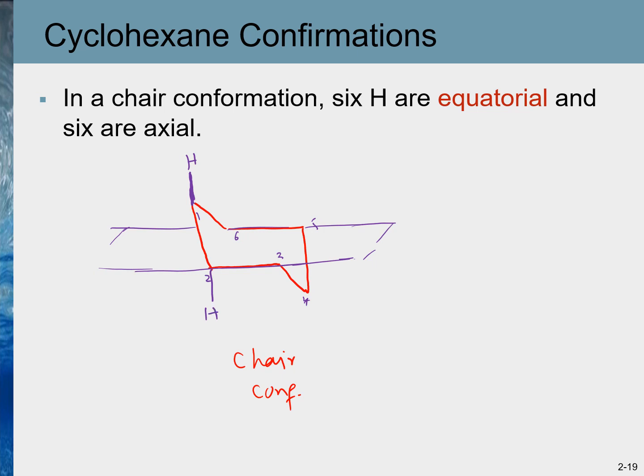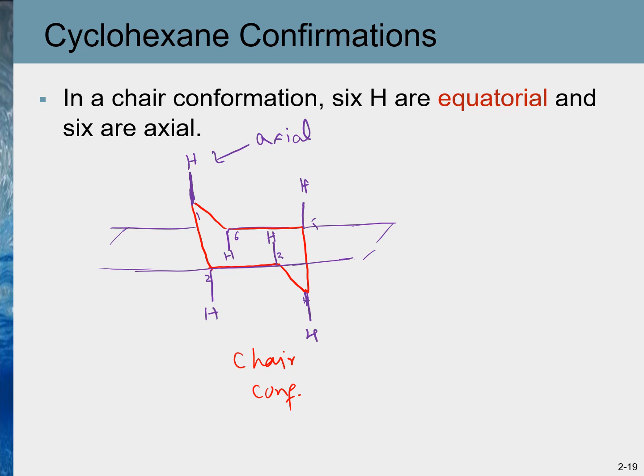And carbon 3 will be above the plane. Carbon 4 will be below the plane. Carbon 5 will be above the plane, and carbon 6 will be below the plane. So these 6 hydrogens are axial hydrogens, and these 6 positions are known as axial positions.